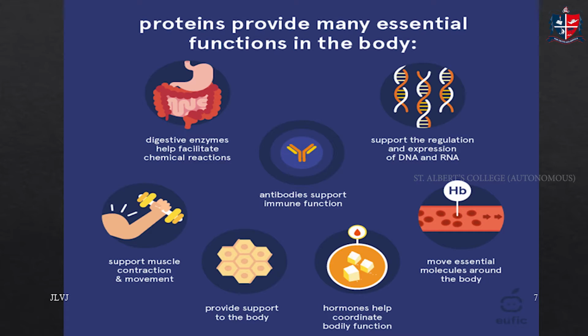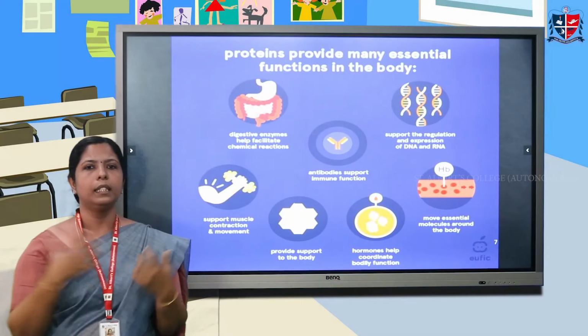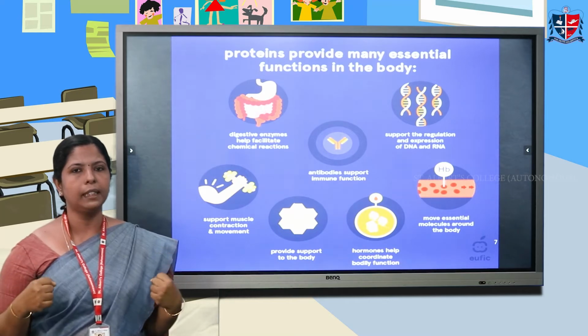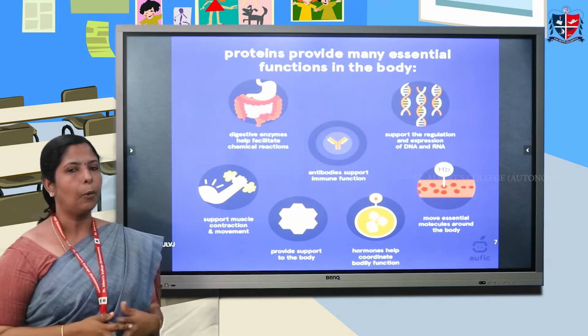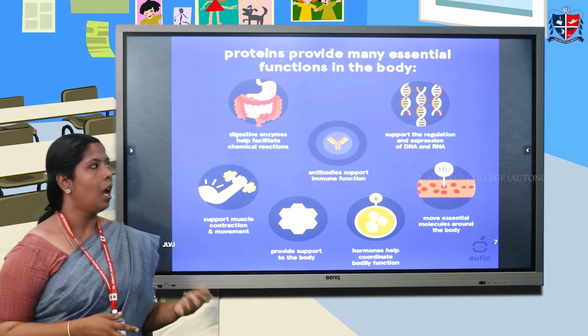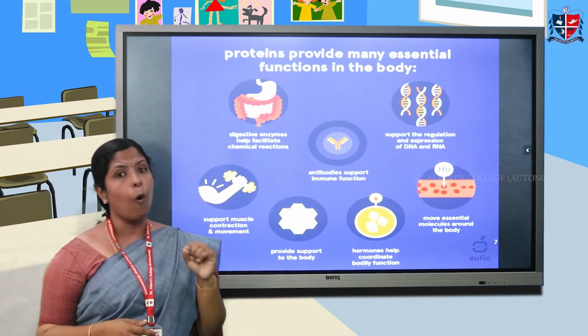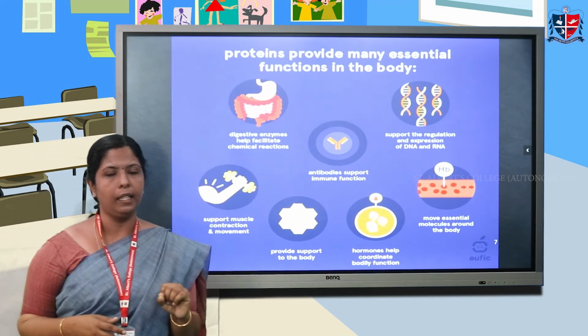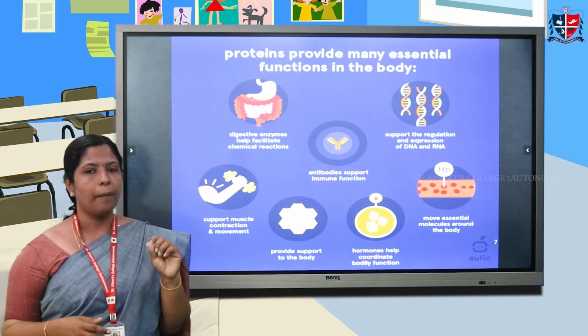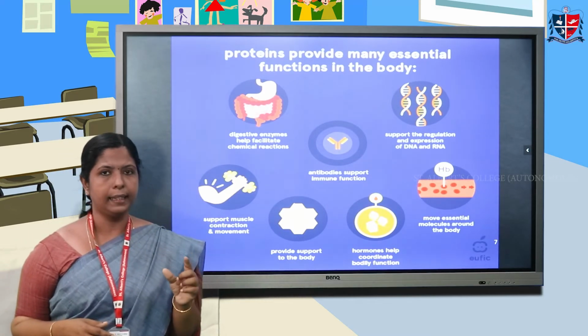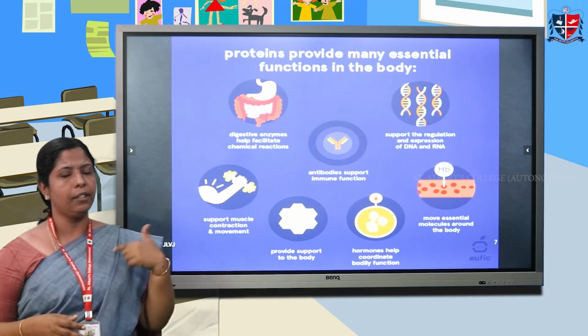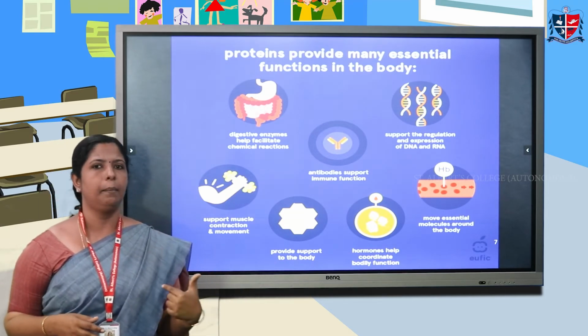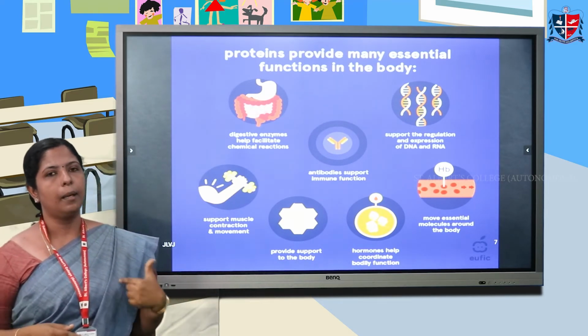Then comes the protein. Protein is also providing many essential functions of the body. As I said, protein is the major part which is gaining our muscle mass. Other than that, proteins have many other protective functions, and all enzymes are proteins. So we know that many of the enzymes which are actually helping in different processes, protein is the major component.